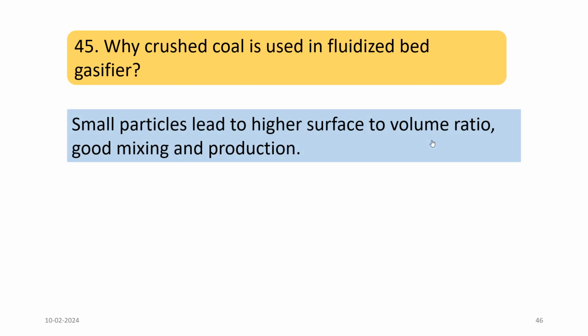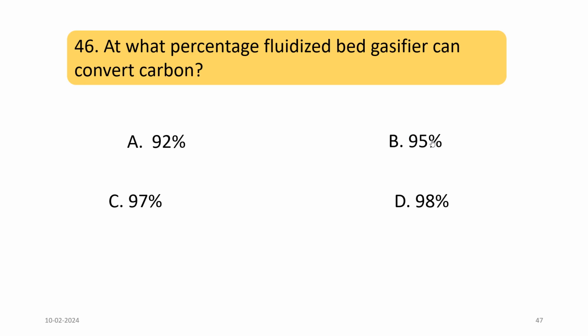Here the answer is that in fluidized bed the coal particle sizes are very small, because small particles provide a higher surface to volume ratio, which leads to good or complete mixing between the reactant molecules, and thus the production will be much more efficient compared to the moving bed gasifier. So that is why coal is crushed in the feed and used in the fluidized bed gasifier.